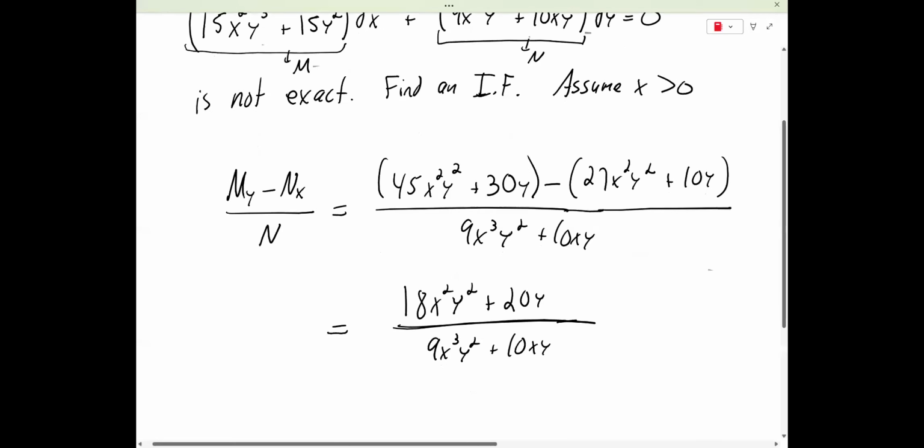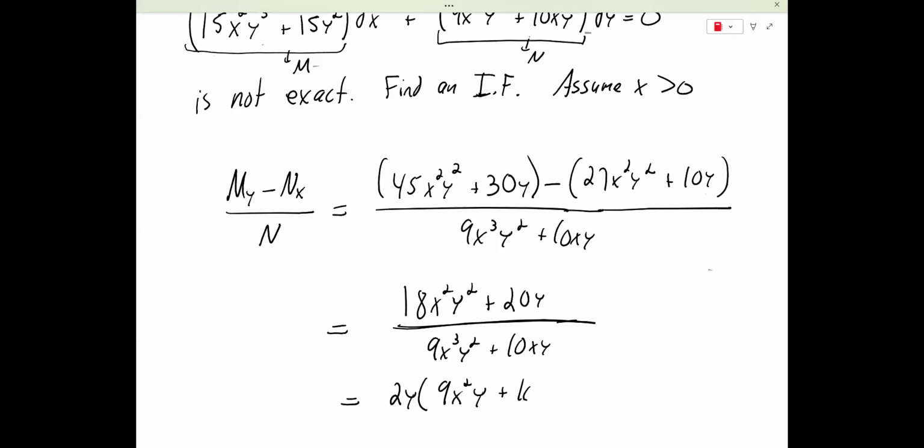Okay, it still looks like a mess here, but if you factor this out, there is a common factor in the numerator. You can take out 2y there. That leaves, I gotta be careful, 9x squared y plus 10.